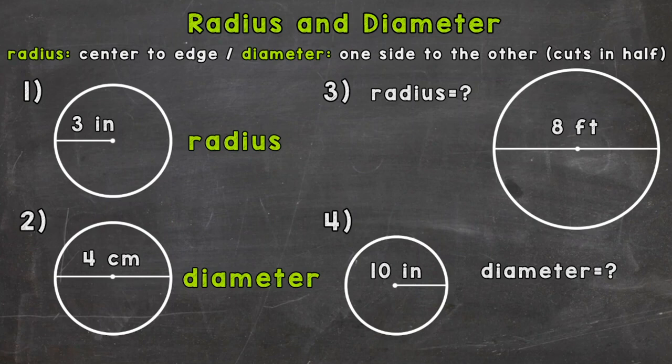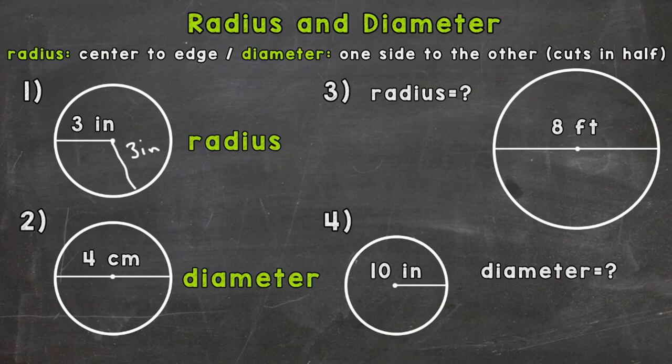So it can be marked from the center point, and we can go down here. That's going to be 3 inches as well. So as long as you go from the center point to the edge, your radius will be 3 inches there for number 1. And again, the radius is the distance from the center of the circle to the edge.